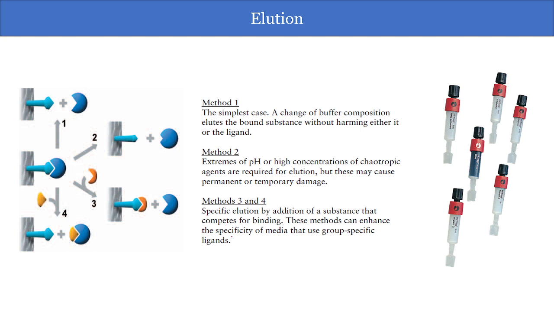These methods can enhance the specificity of media that use group specific ligands. So if a material binds to your protein, it helps in eluting. If it binds to the matrix ligand, that also helps in eluting your protein. The other is just changing the pH, and the first one is changing the buffer composition. So: buffer composition change, pH change, and competitive binding.